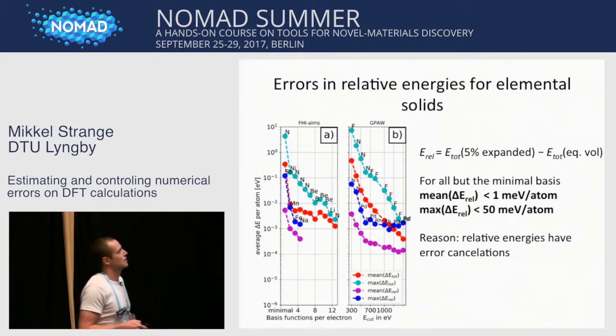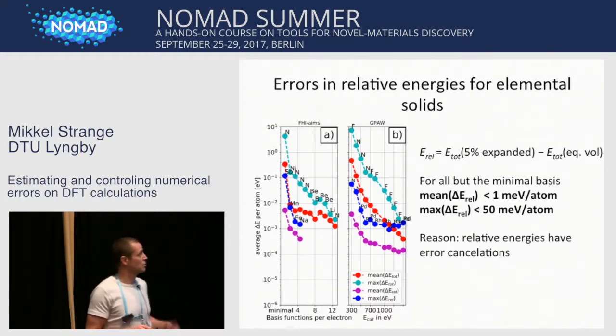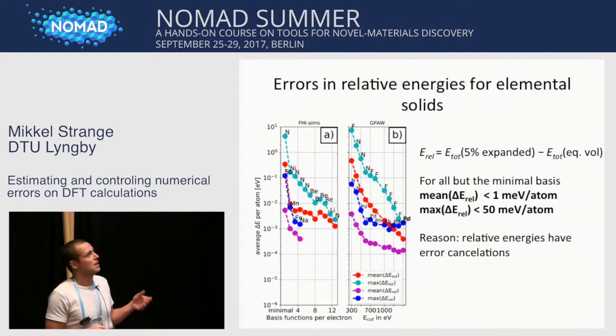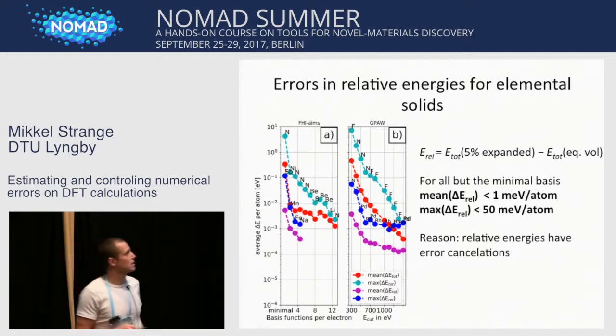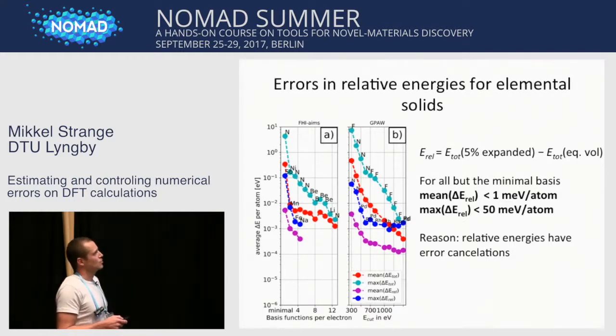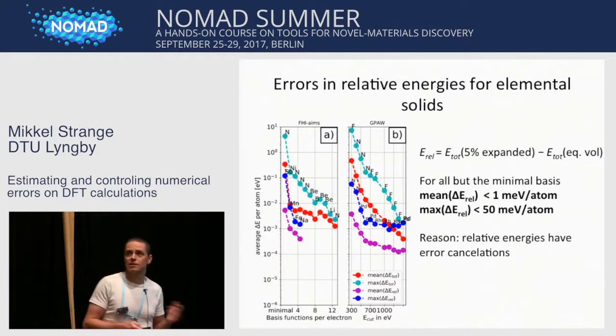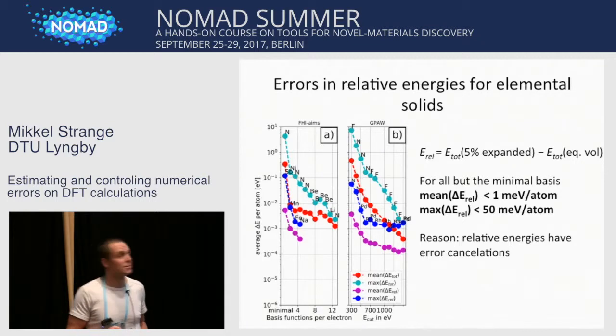The error goes down by 2 orders of magnitude for these relative errors because of some error cancellation in the basis or in the structures. So to have some numbers, and considering what people would call a minimal basis, you can get the mean error below 1 milli-electron volt quite fast, and we don't want to worry about anything smaller. At least I don't.